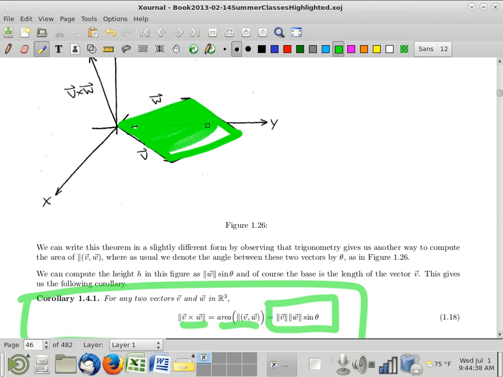The area of that parallelogram is the length of V times that height, which is the length of W times sine theta. So just a little quick trig observation there.